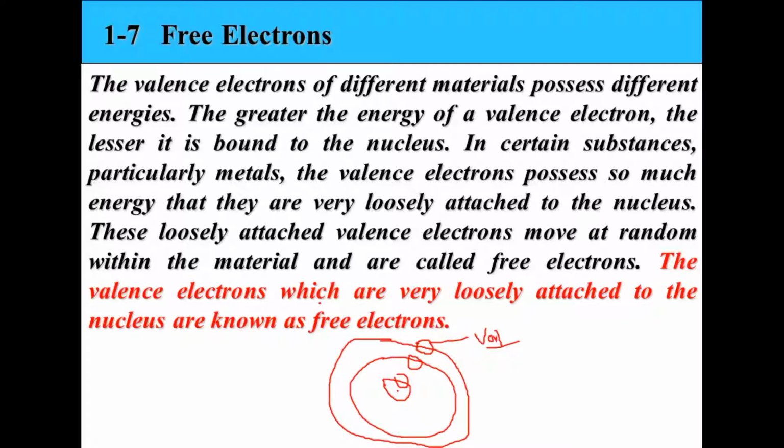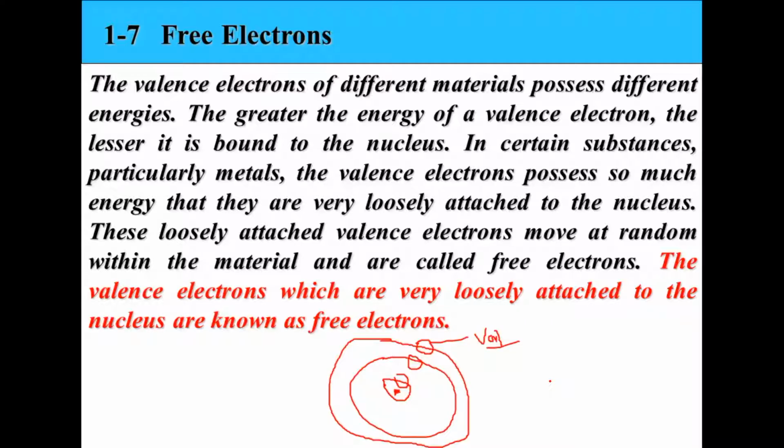Valence electrons, like I said, are electrons in the outermost shell. But when we have an atom with a lot of orbits, such that the electrons in the outermost shell are so far from the central nucleus, those electrons are called free electrons because they are loosely attached to the nucleus.